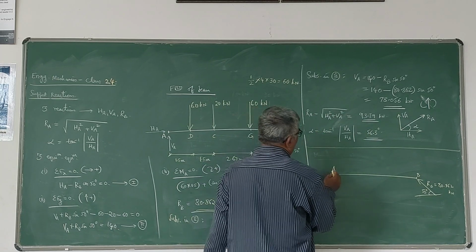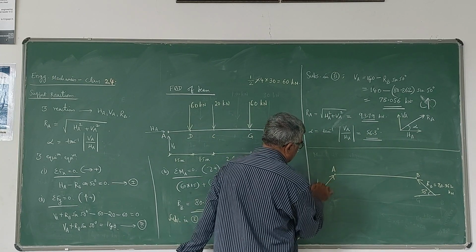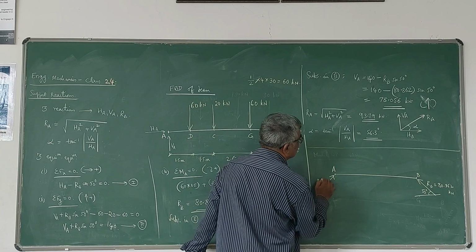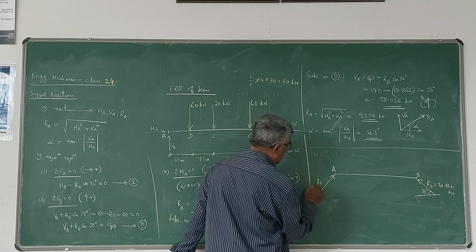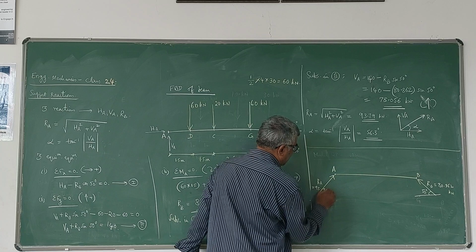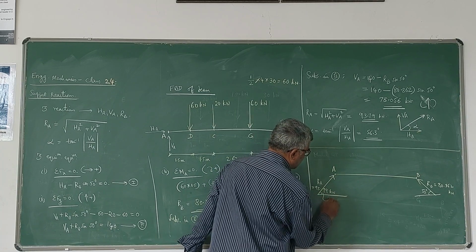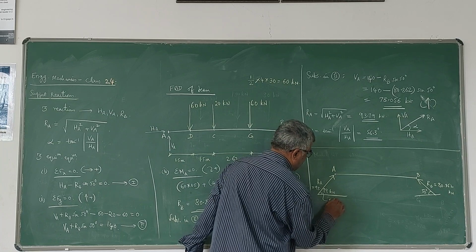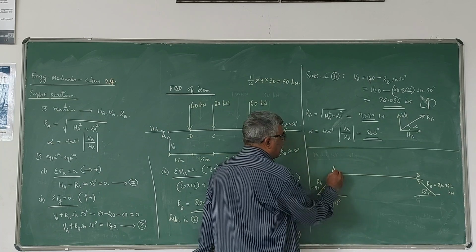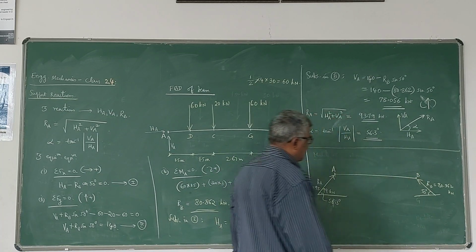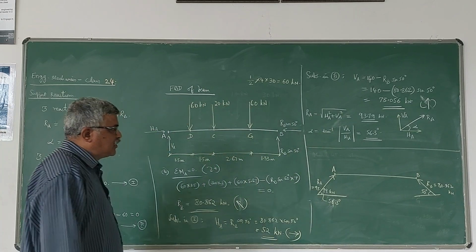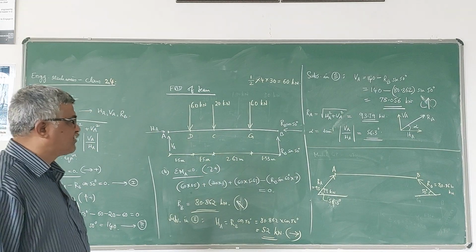At A you have RA like this, which is equal to 93.79 kilonewton, making an angle alpha of 56.3 degrees. So this is how we can find the reactions using the three equations of equilibrium.